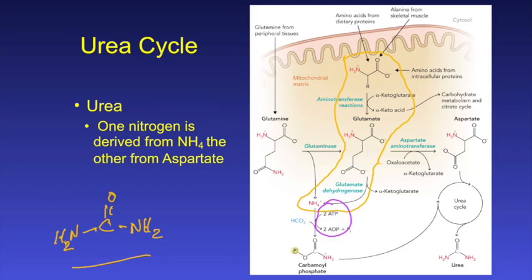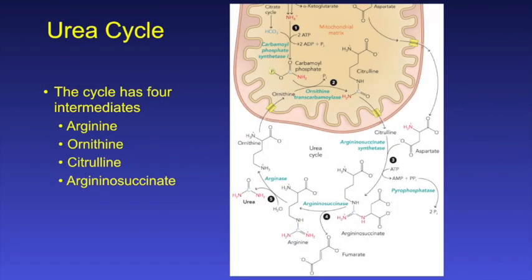Let's take a look at that reaction in a little bit more detail, and just a little bit. Here is the cycle itself. Okay? We make the carbamylyl phosphate where this is the nitrogen that had just come off. It's going to react with a molecule called ornithine to make citrulline.